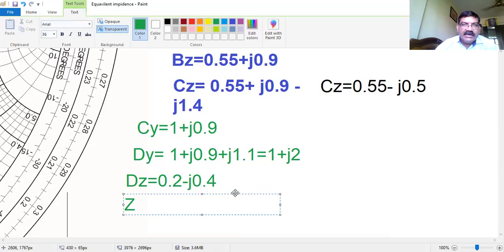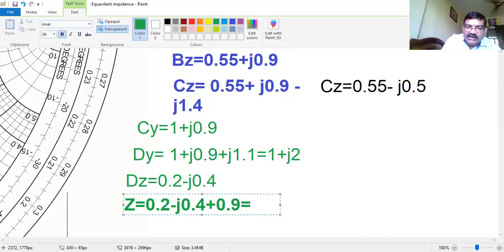I'll do it in bold so that you can see the difference. Z equals how much? 0.2 minus j0.4, the previous value. And how much do I have to add? I have to add 0.9 because it is given, plus 0.9.